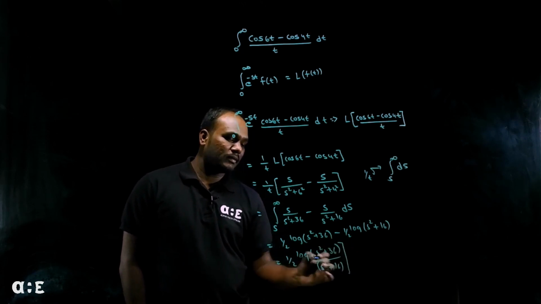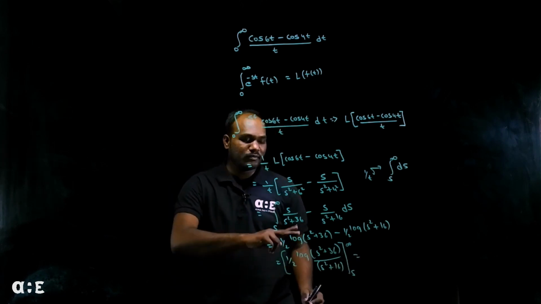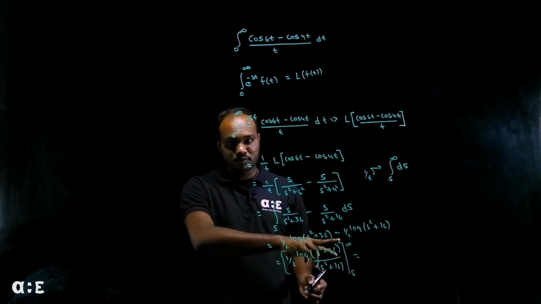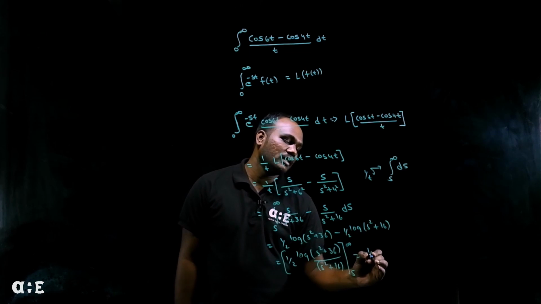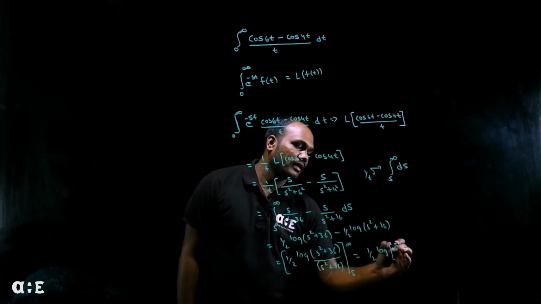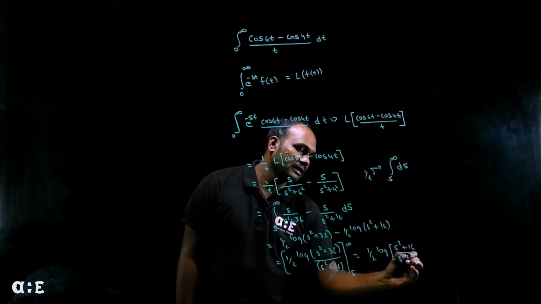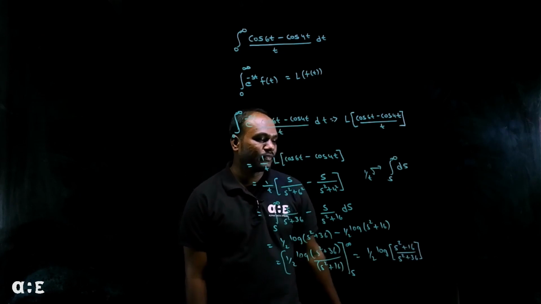What are the limits? The limits are from s to infinity. I have told you, after substituting the limits, we get the flipped answer. So we get 1 by 2 log of s square plus 16 over s square plus 36.